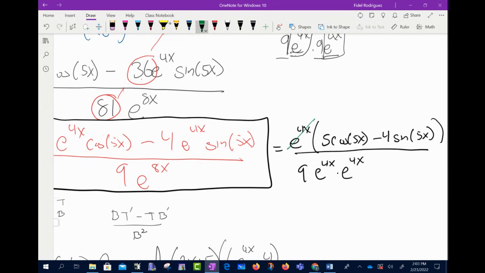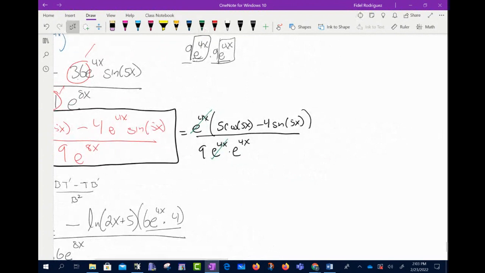We can say, let's get rid of this guy and let's get rid of that guy, right? Again, I'm not saying what we had in the red isn't correct. It is correct. It's just this one is more simplified. Okay.